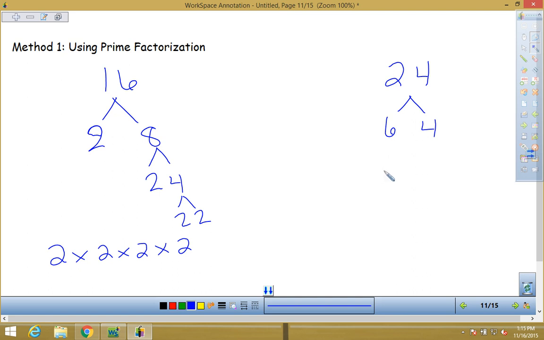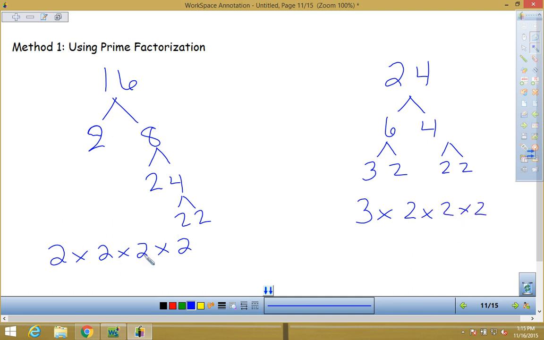Haley, what's my next step? 3 and 2 for 6. Austin, what do I need to do to 4? 2 and 2. Are all of my numbers now prime? Yes. So Nancy, for here I have 3 times 2 times 2 times 2, right?